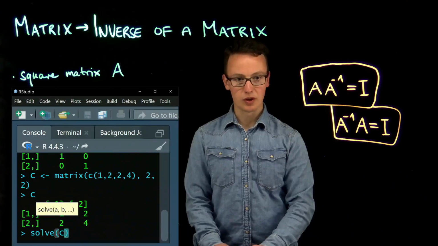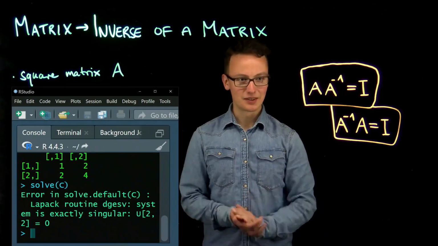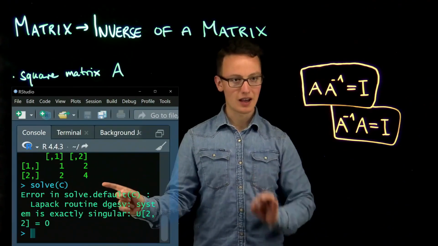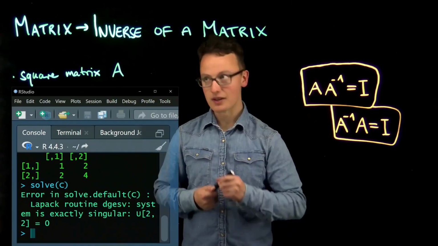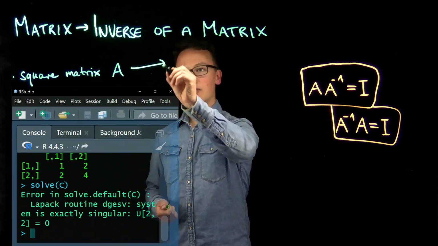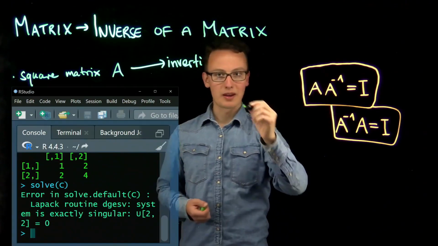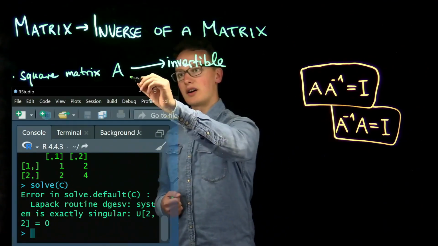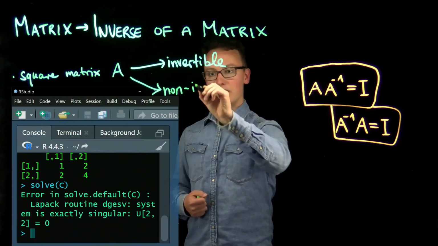If we type solve C, we can now see an error, right? Why? Because this particular 2 by 2 matrix does not have an inverse. So as I already hinted at, there are invertible matrices, for example our matrix A that we just had here in the R session. But there also are matrices that are non-invertible.